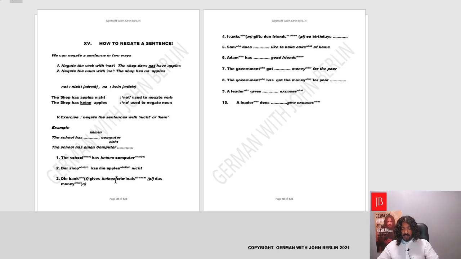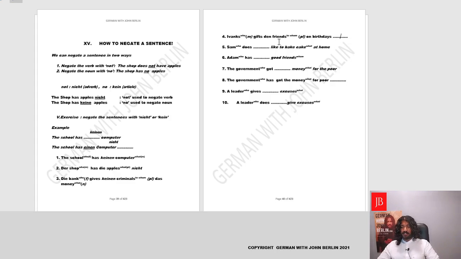But this keinen is different from the one earlier. This is dative, this is accusative. This one has an extra n, which goes with the noun, which we learn when we get started with complete German sentences. Okay.